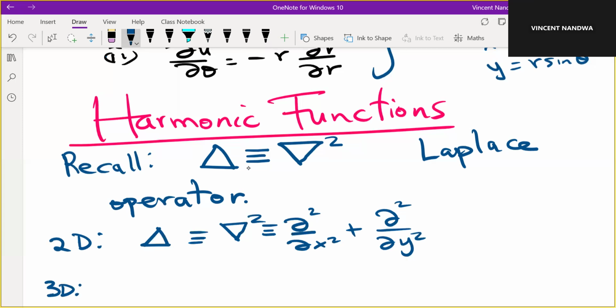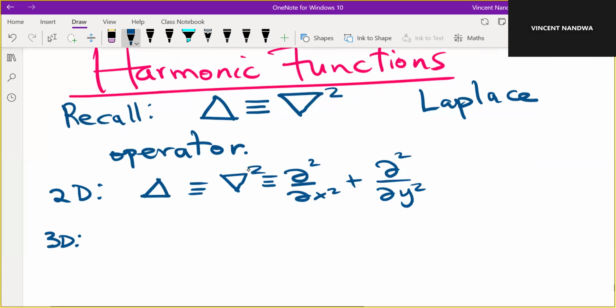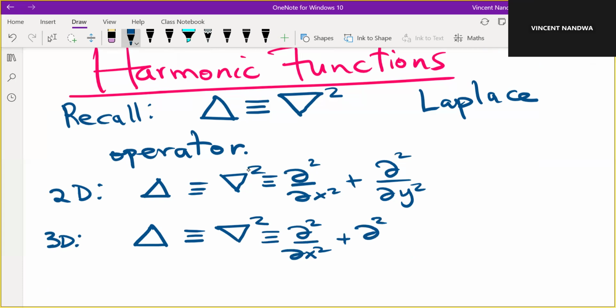In 3D, we write it as partial squared partial x squared plus partial squared partial y squared plus partial squared partial z squared.